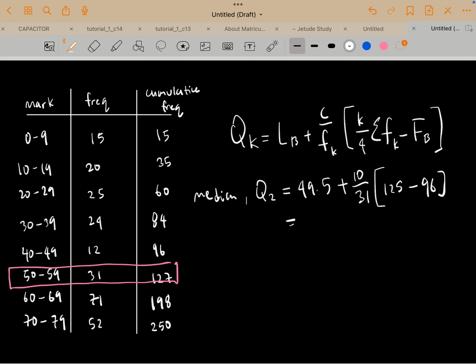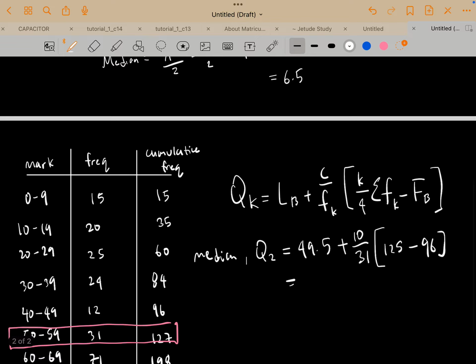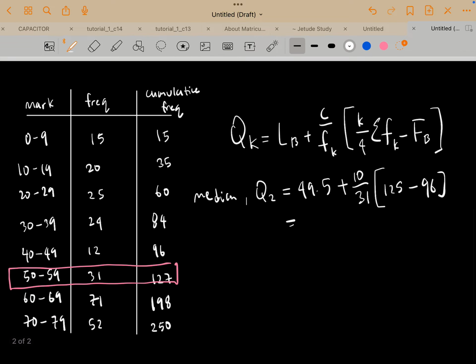So if we do this, we'll get 49.5 plus, and the result is 58.854. So that's the answer for Q2.